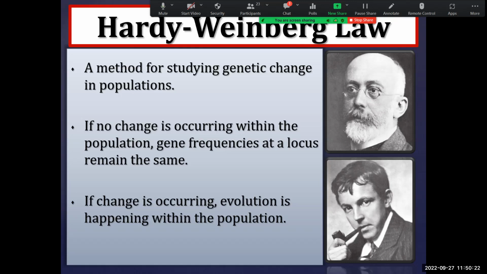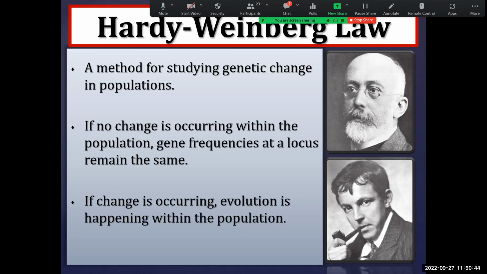We're going to be looking at the percentage of the dominant versus the recessive gene. We'll also be looking at the frequencies of homozygous dominant versus heterozygous versus homozygous recessive, just like we did with Punnett squares. And that term locus simply means a location of the gene on the chromosome.